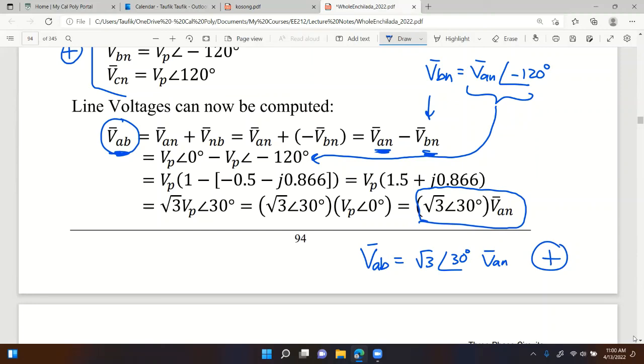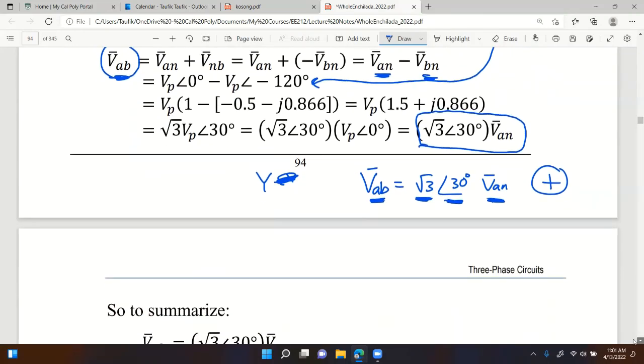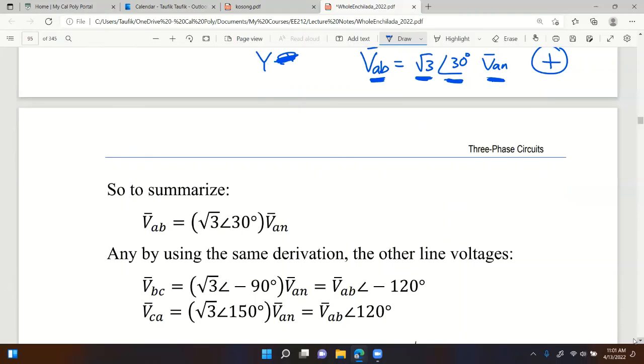It turns out that for Y-to-Y connection, or for Y connections, the line-to-line voltage is larger in magnitude by square root of 3 and is ahead by 30 degrees compared to the phase voltage. All right, and that's what you see right there.